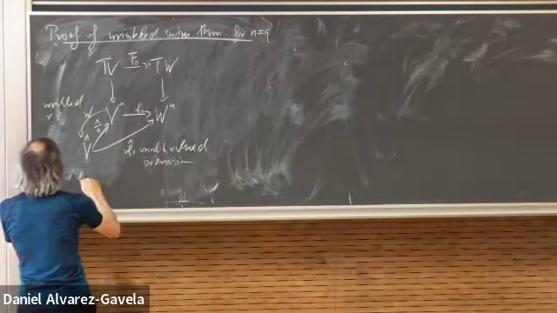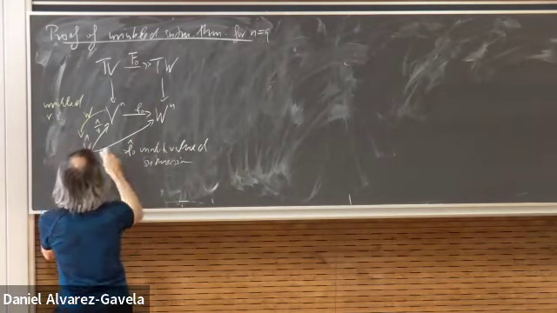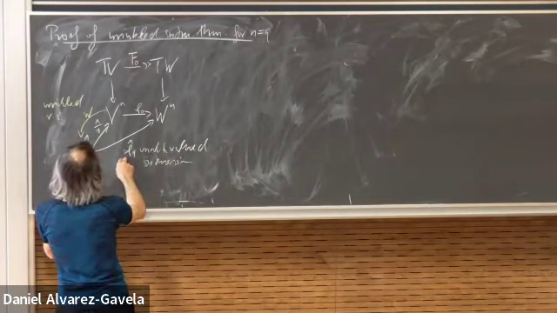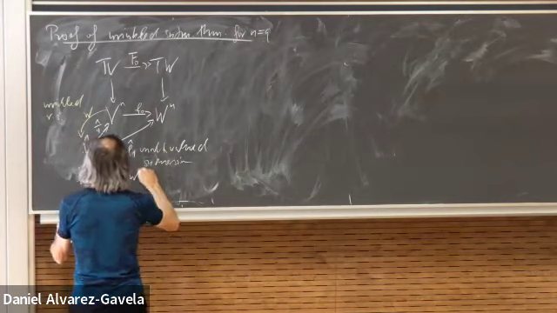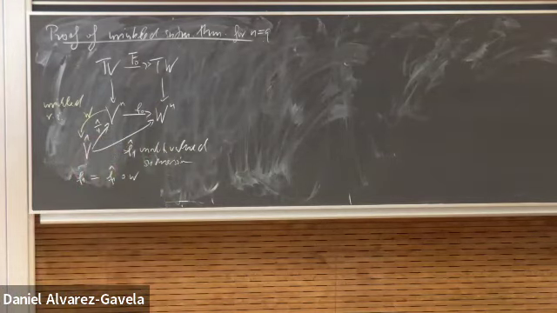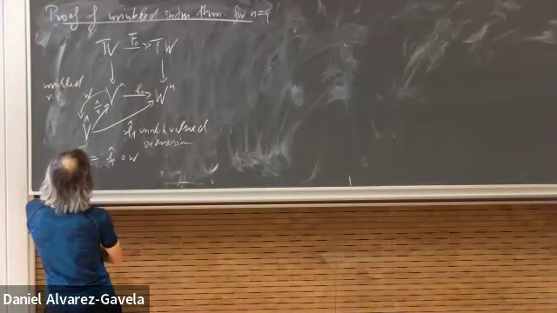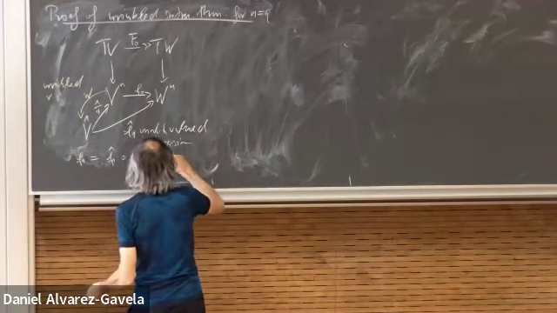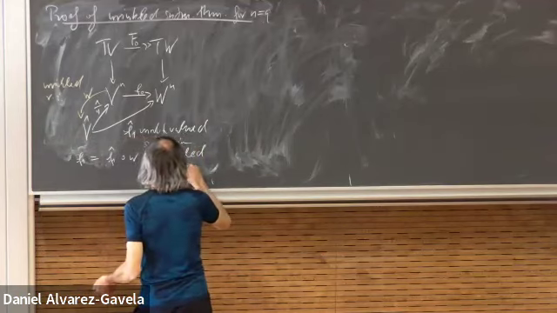Then we just define F1 hat, a new one, F1 as F1 hat composed with W. And that is now a wrinkled submersion, or immersion in this case.